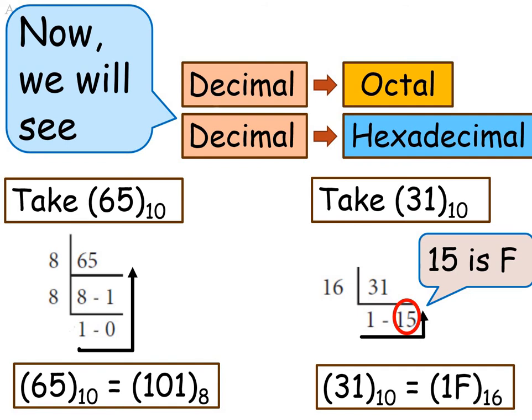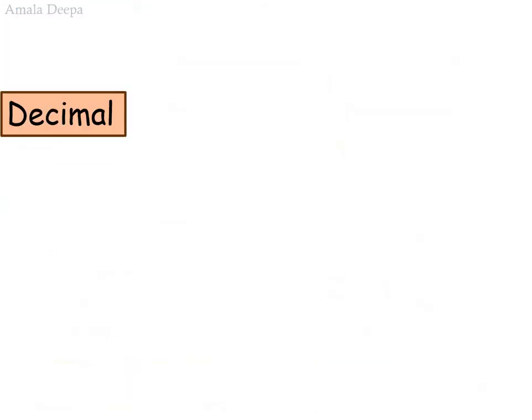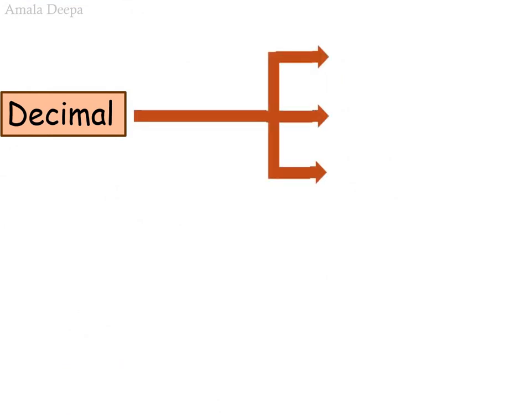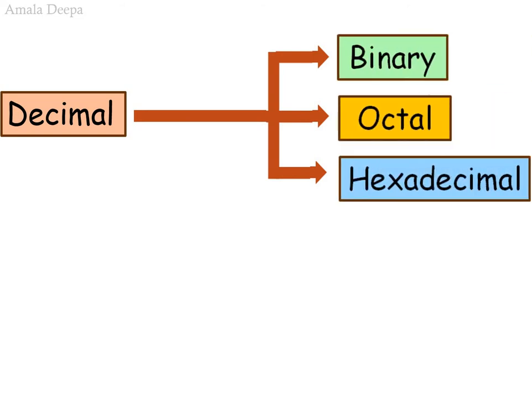So you can see that to convert decimal to binary, octal or hexadecimal, we use the repeated division method.